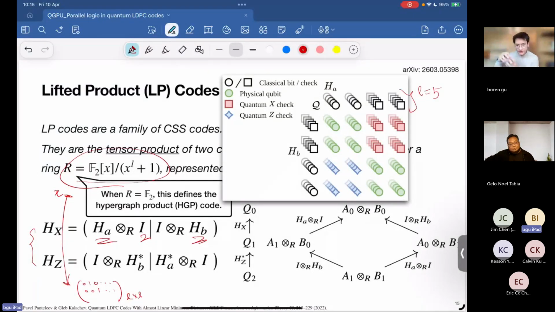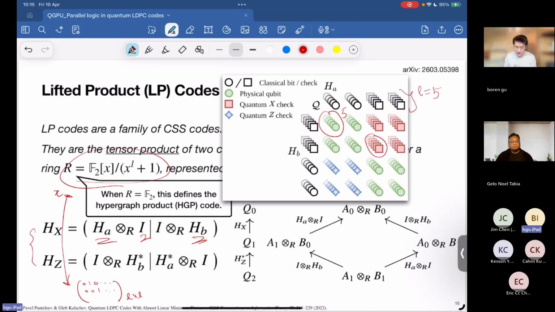Here a cluster is just like a tower of elements, and after you take this binary representation, you are lifting it from one cluster, and you decompose it into 5, or L, different physical elements. So here one cluster is 5 physical data qubits, and here one cluster represents 5 physical check qubits.